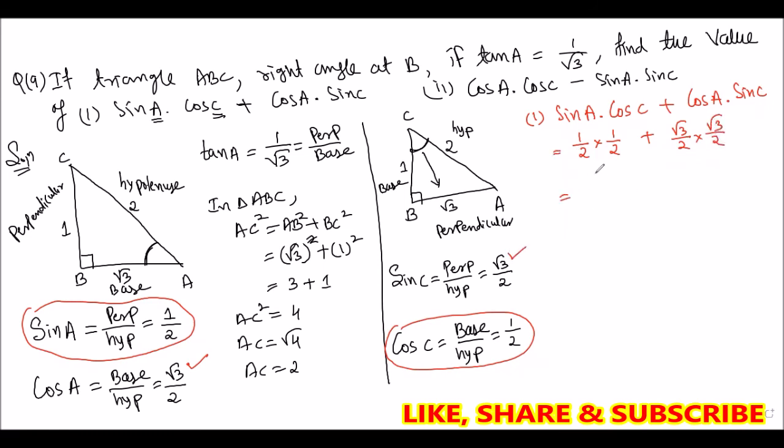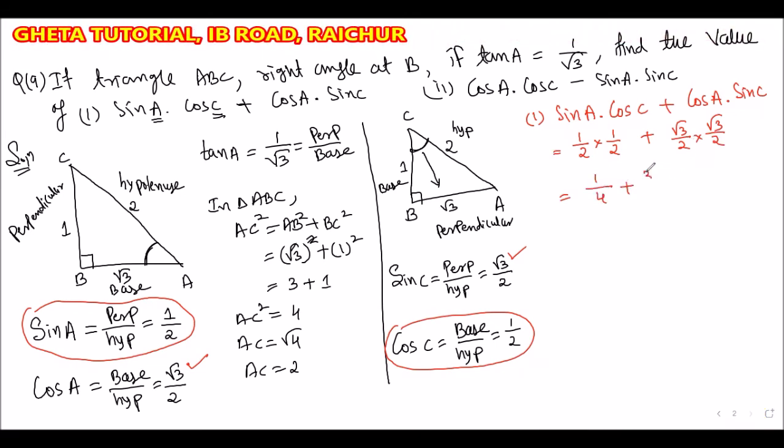So 1 into 1, 2 into 2 is 4, plus root 3 into root 3 becomes 3, and 2 into 2 is 4. The denominator is the same, LCM is 4. So 1 plus 3, the answer is 4 by 4, which is 1. 1 is the answer here.